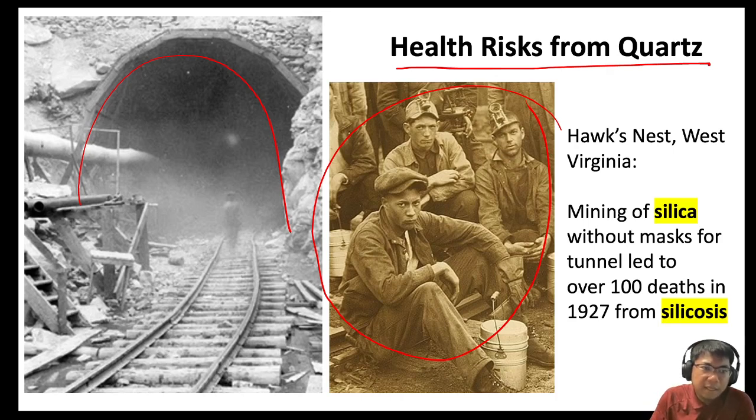They were mining something that has a lot of silica associated with the rocks, and they had dust that is full of silica, and they breathed in that dust. It actually caused over 100 deaths in 1927 among these workers from silicosis. So that is the health risk associated with quartz.